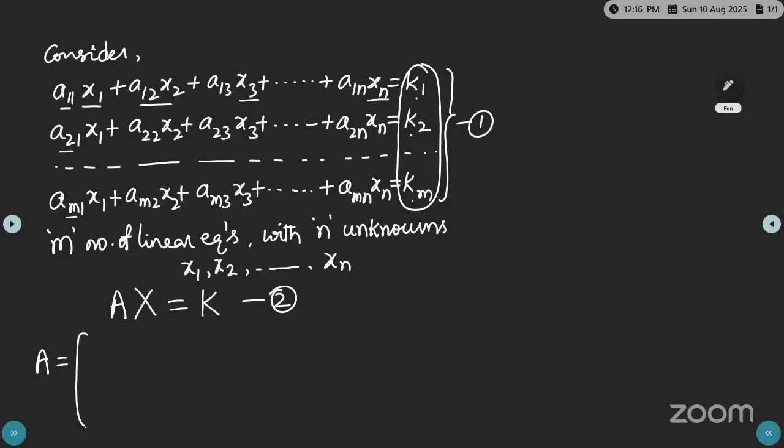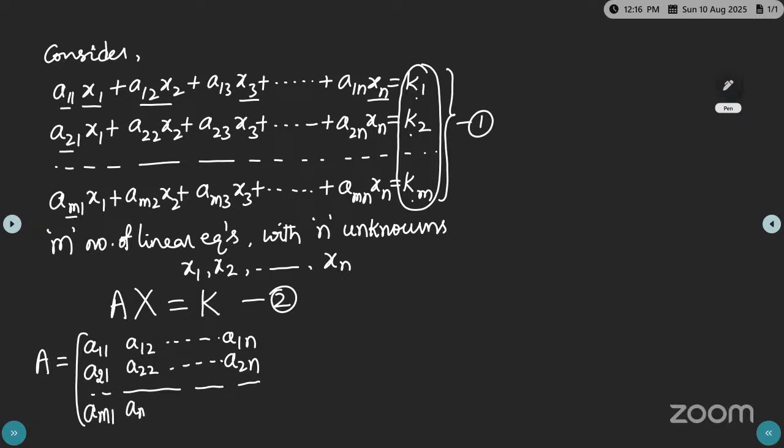A equals, what is it? A11, A12, so on, A1n. Next, A21, A22, so on, A2n, and so on.